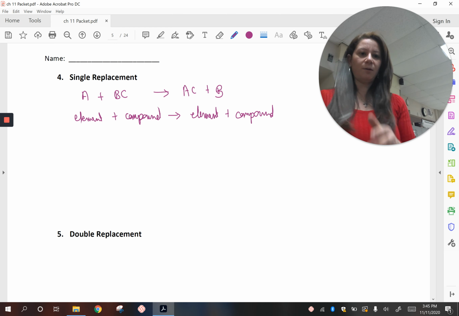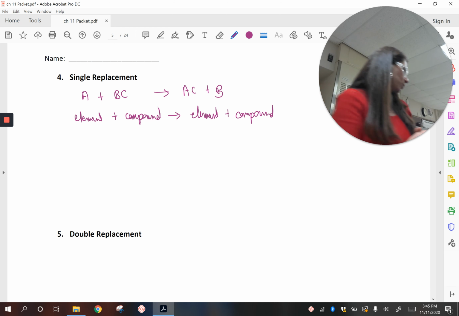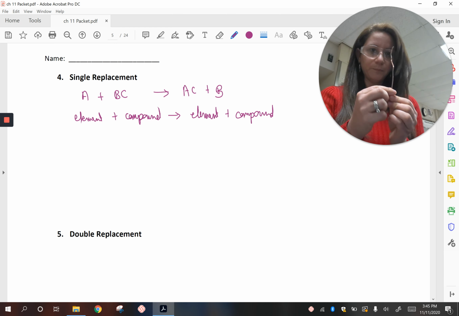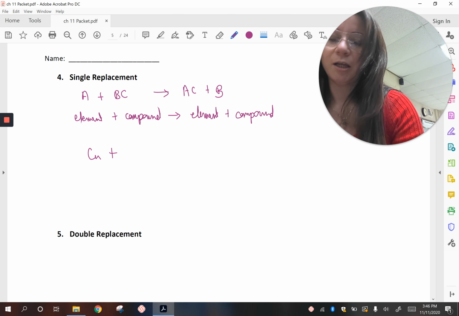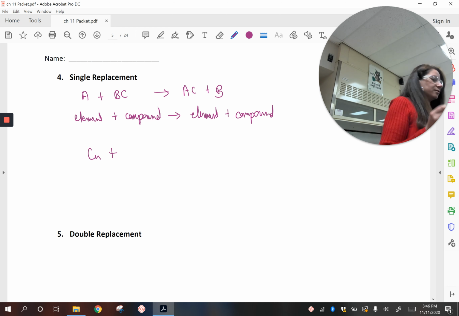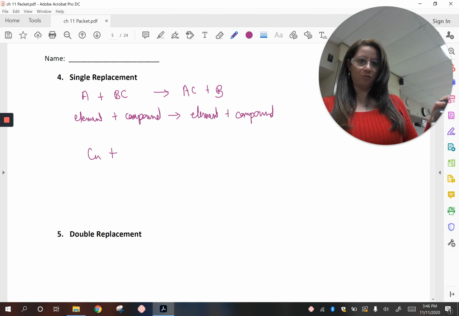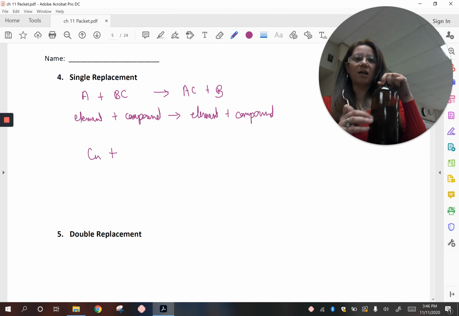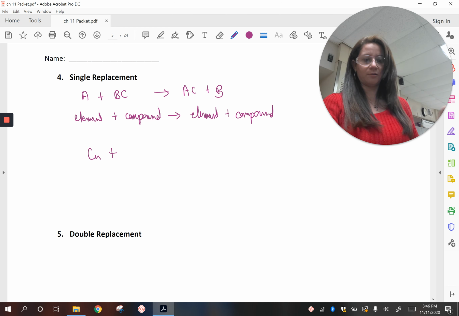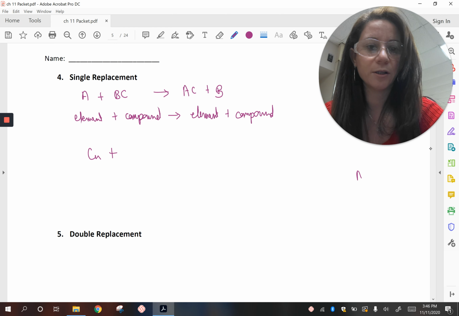So, for the demo for this one, I'm going to take some copper. So, copper is Cu. And I'm going to add some silver nitrate. So, silver nitrate is ionic. It is Ag plus and NO3 minus.